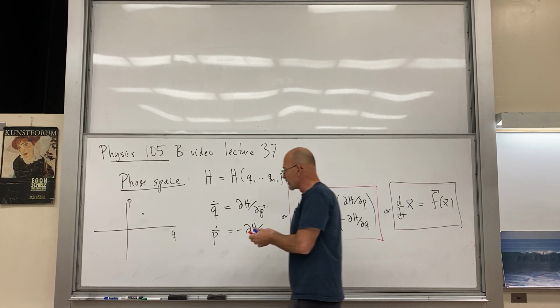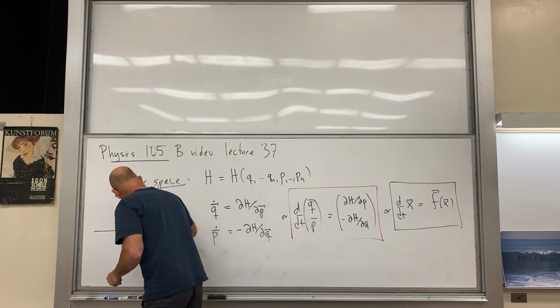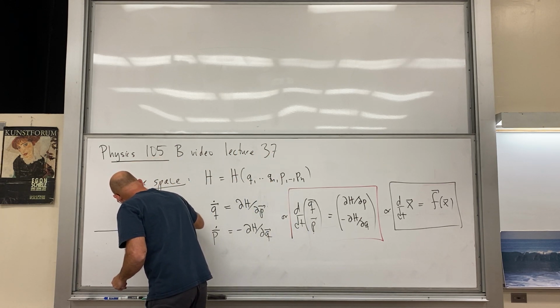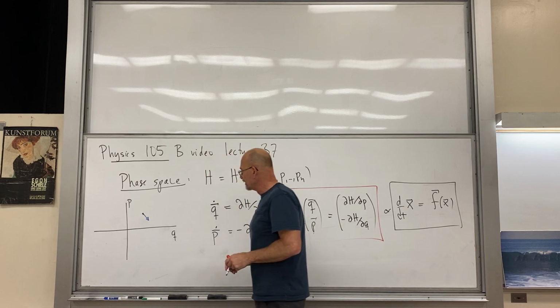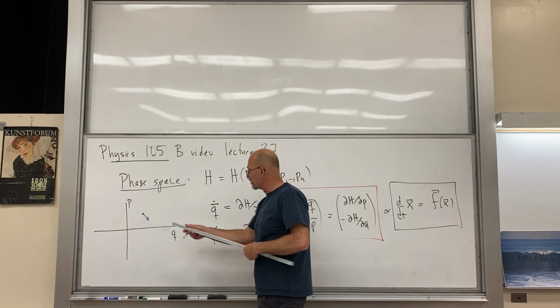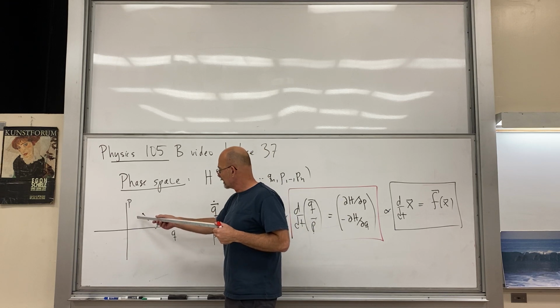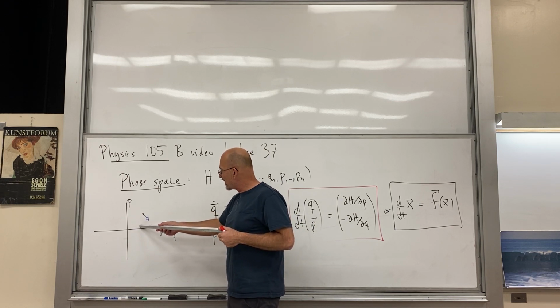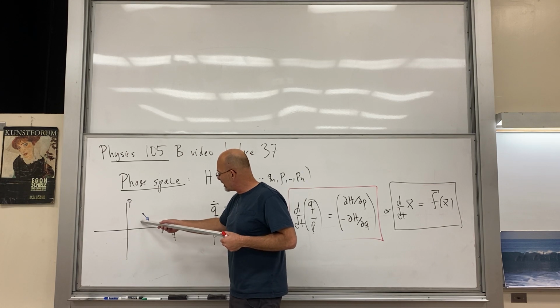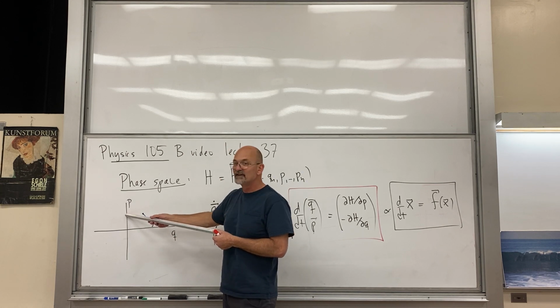And for the harmonic oscillator, we know that this point, its next direction is going to be here. In fact, if you are here with the harmonic oscillator, which we're going to return to in a moment, then that's a positive position, positive Q, and a positive momentum.